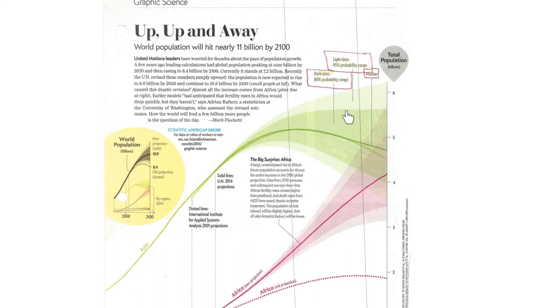Here the dark tint is an 80% probability range, which would be like an 80% confidence interval. And then you've got a 95% probability range, which would be like our 95% confidence interval. It's another example of things you'll see when you get out of statistics, and you'll probably notice things you didn't notice before. It's closely related to what we're doing in Chapter 7.